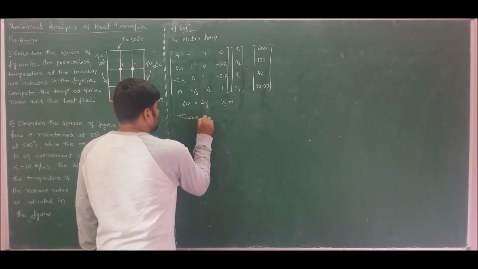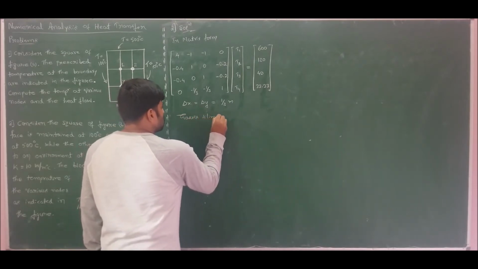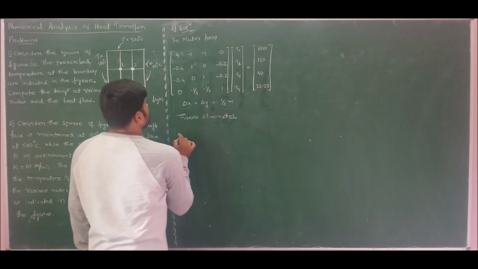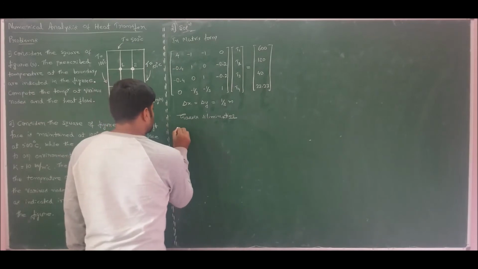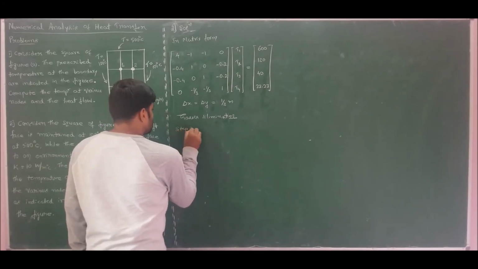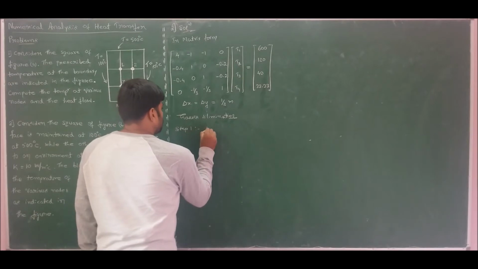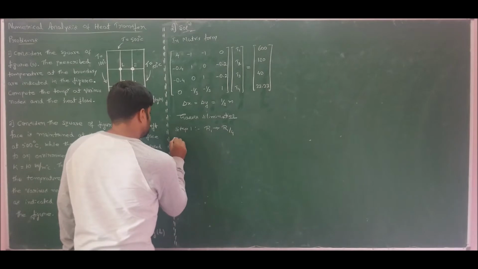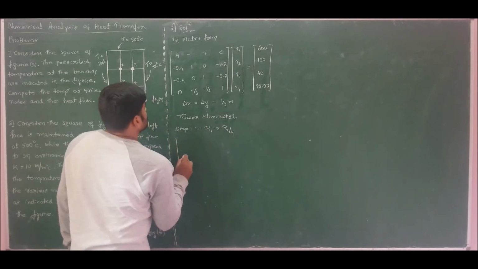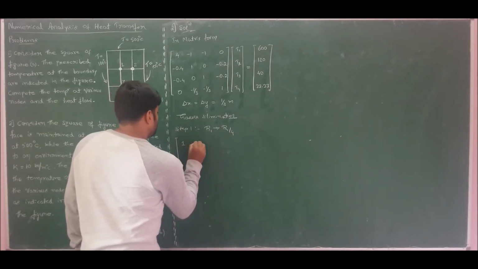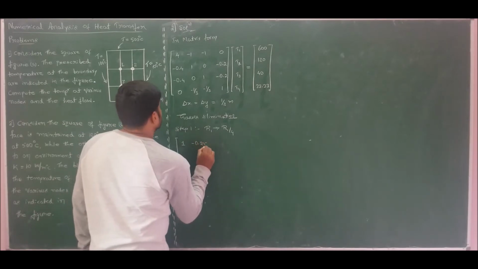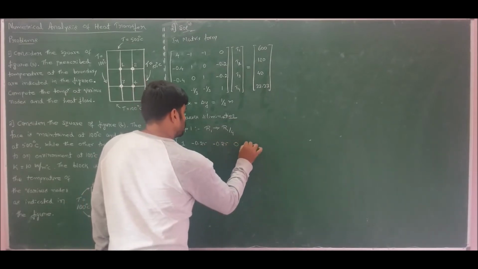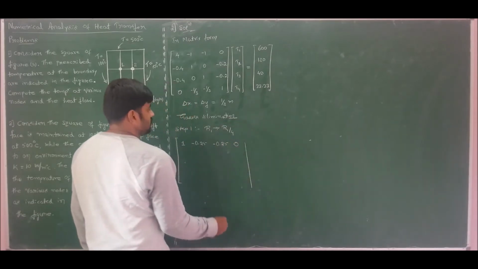From the Gauss elimination technique, let me go for forward elimination. If I go for forward elimination, I should make this key element unity in step 1. So therefore, in step 1, I will make R1 tends to R1 by 4. So I have 1, minus 0.25, minus 0.25, 0. I won't write T1, T2, T3, T4.